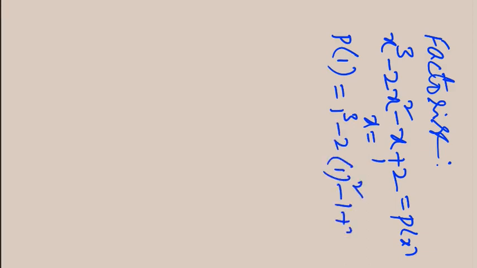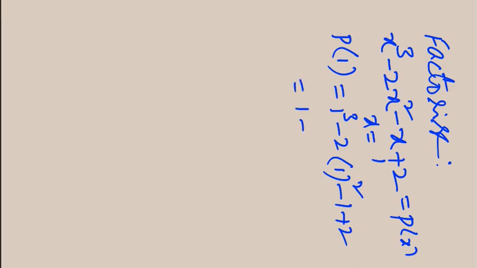Wherever we get 0 as the remainder, then we can say that is a factor of the given polynomial. Let us say first I will take 1. So here p of 1, that means x value is equal to 1.